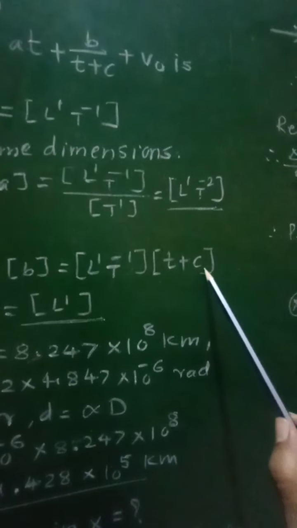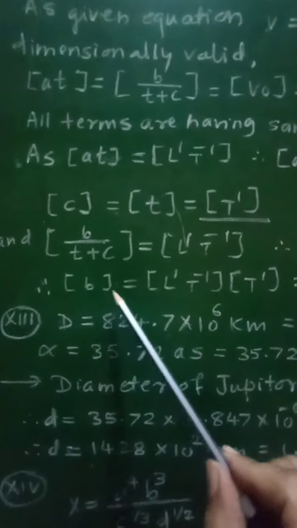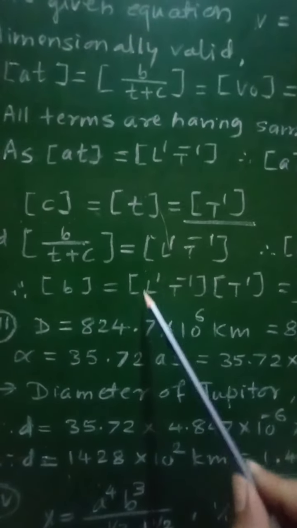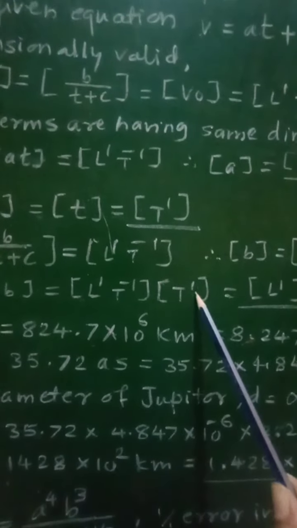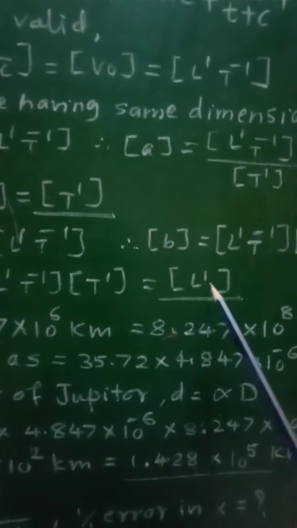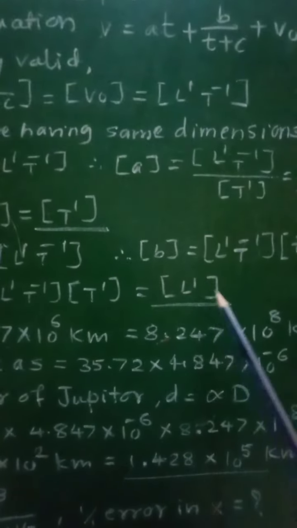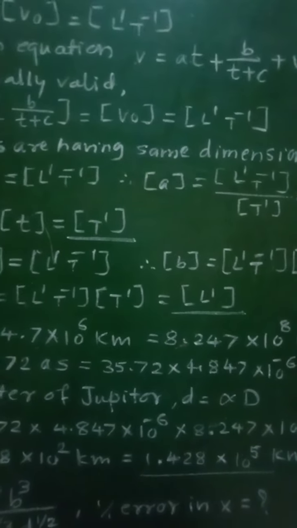But dimensions of t plus c will again be T^1, and therefore dimensions of b will be L^1 T^-1 into T^1, which will be equal to L^1. So these are the required dimensions for a, b and c for this equation.